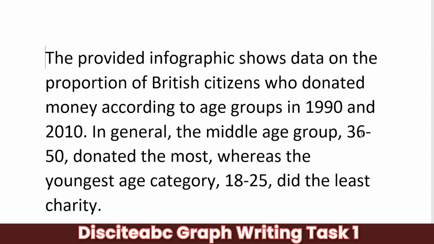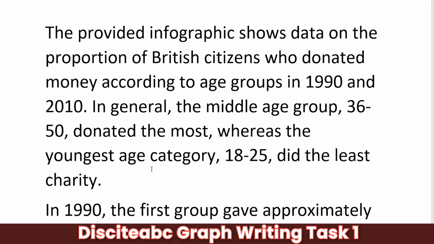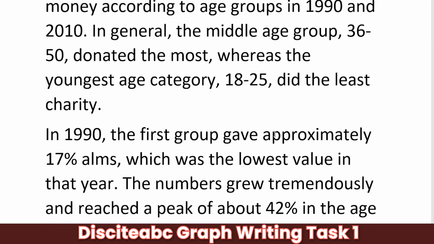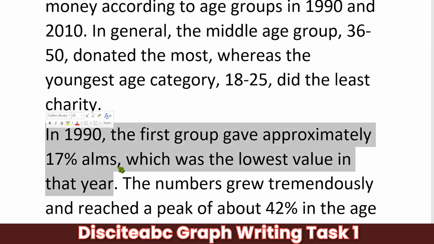The middle age group, 36 to 50, donated the most, whereas the youngest age category did the least charity. So it's slightly different, same information. The vocabulary is a little better. Then, in 1990, the first age group gave approximately 17% alms, which was the lowest value in that year. If you pay attention, it's a complex sentence, which is a good start.